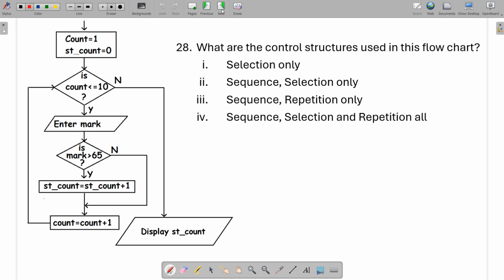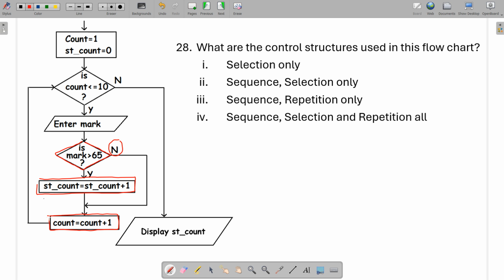Then they take the marks and check whether they are larger than 65. If so, they increase the value of the st_count variable by 1. If the marks is not greater than 65, they just skip the increment of st_count, and they just come in and increase the value of count by 1.